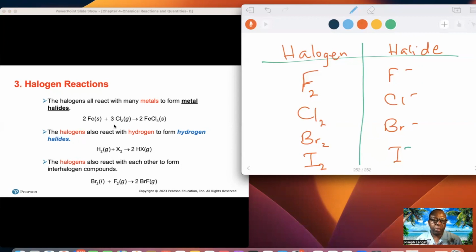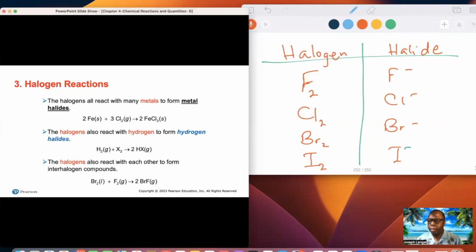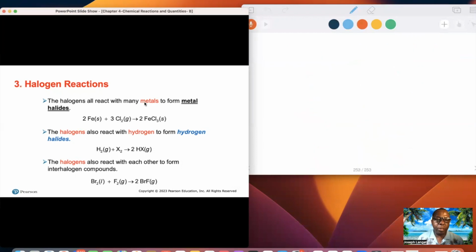Balance the equation. Before we look at halogens and hydrogen, an example on a metal here, it can be group 2, it can be group 1. Let's say group 2. Let's say calcium plus chlorine.